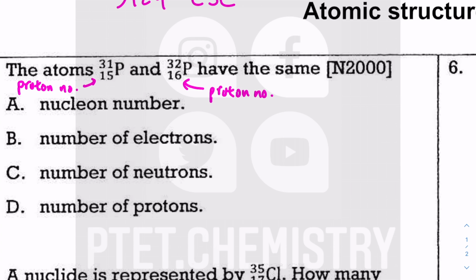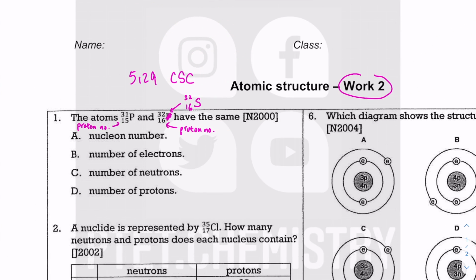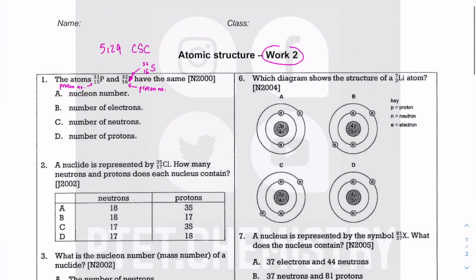It cannot be phosphorus and phosphorus. I believe this one is sulfur. So if you cross this out, this one must be 32/16 sulfur. Sulfur is element number 16 in the periodic table, so you can change that, otherwise it wouldn't make sense at all. All right, so 32/16 sulfur.